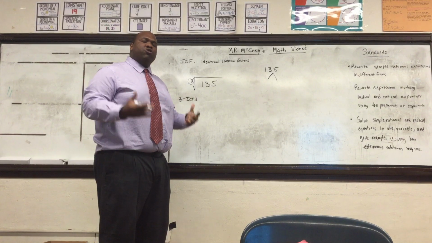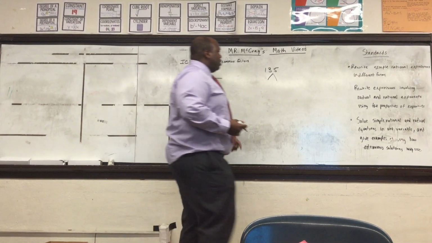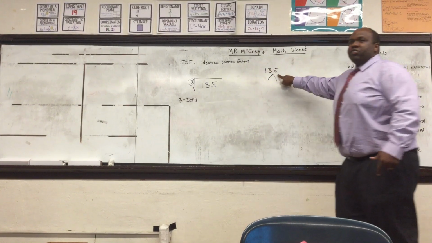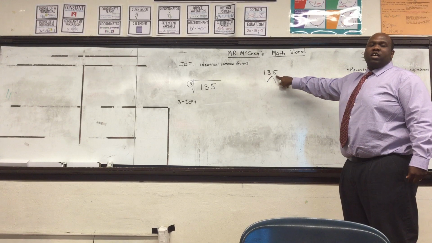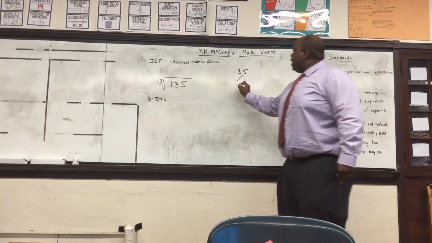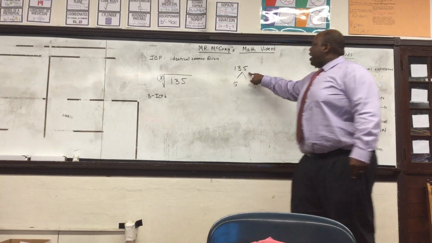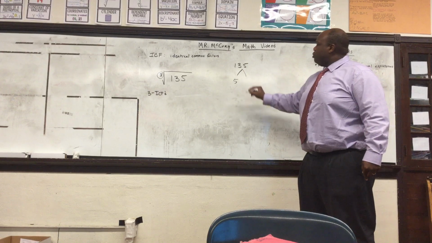Now we have to find 2 factors of that. The easiest way is by looking at the ones digit right here. This 5 tells you it's automatically divisible by 5, all right? So 5 times another number that gives us 135, which is easy, 27.